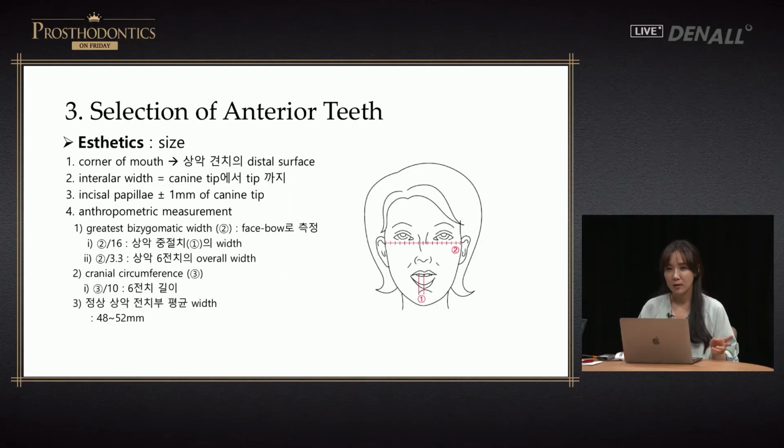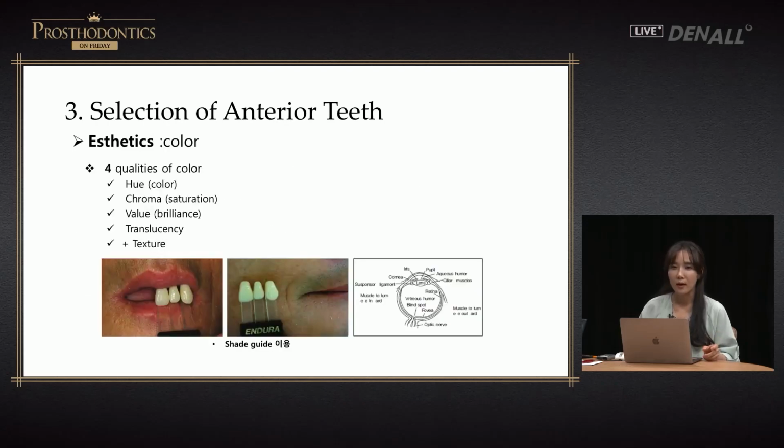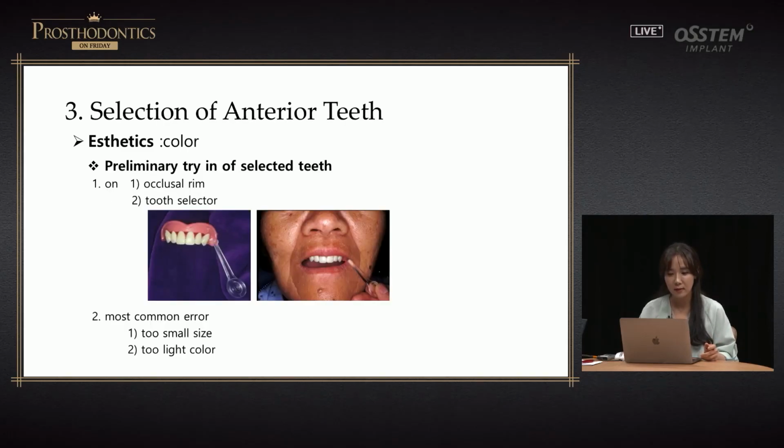So I have introduced the various points to check teeth arrangement, and as you can see here, not only in the mouth but on the face, there are landmarks that we can use. I don't really memorize all of them, I just refer to this. Facial color is very important, so matching the facial color using the shade guide, we can select the color for the teeth.